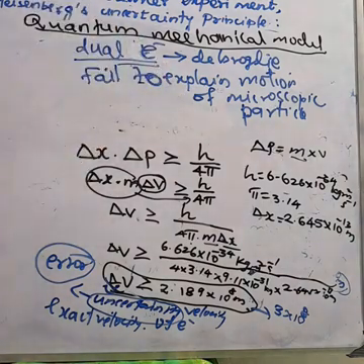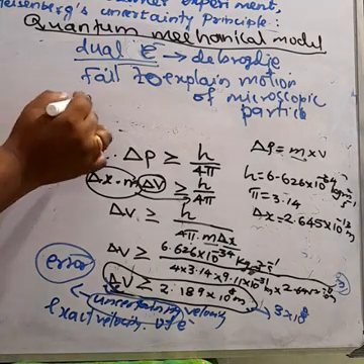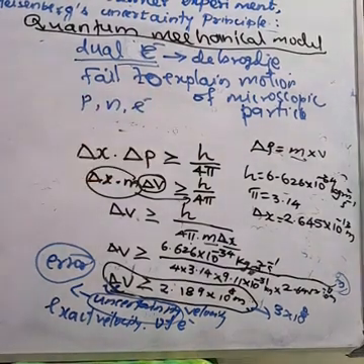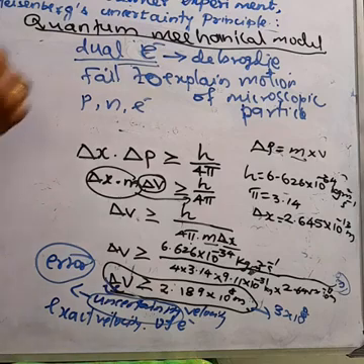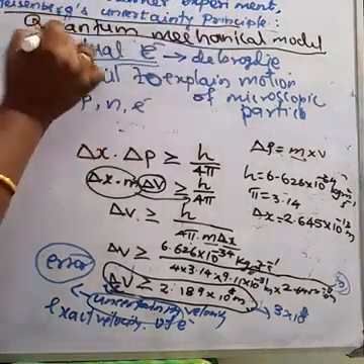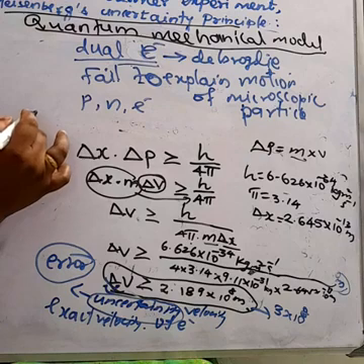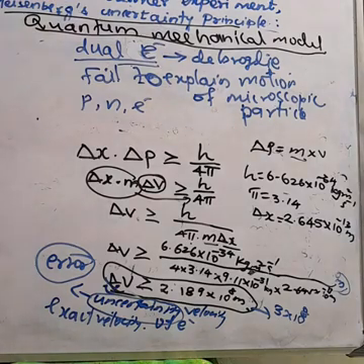Microscopic particles are such as proton, neutron, electron, etc. On the basis of the Heisenberg uncertainty principle and the dual behavior of electrons, that is, the de Broglie proposition, quantum mechanics was developed.